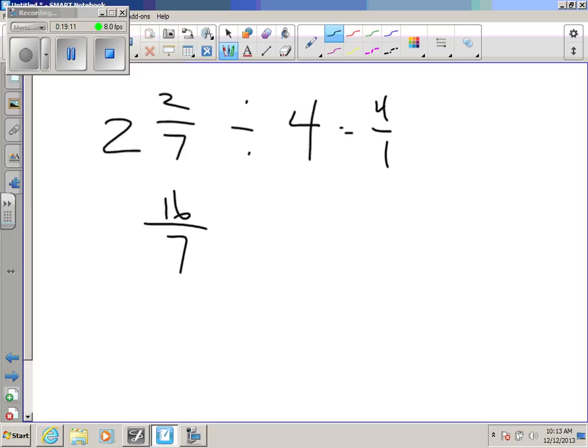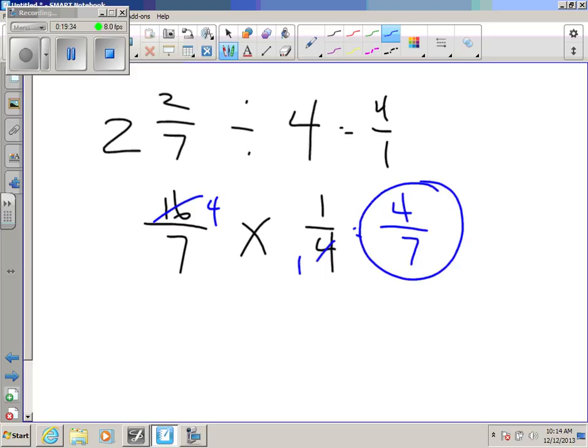That's what it is right now. Now, when I flip it, it becomes a 1 over 4. Once that happens, things clear up a little bit. 16 and 4 are both divisible by 4. 4 times 1, 7 times 1 is a 4/7.